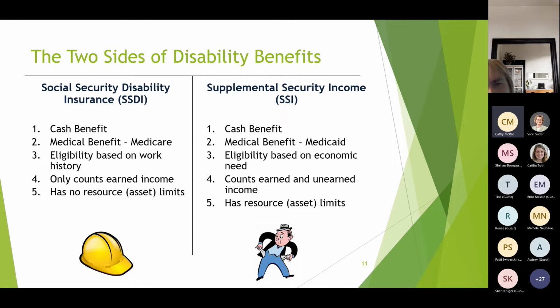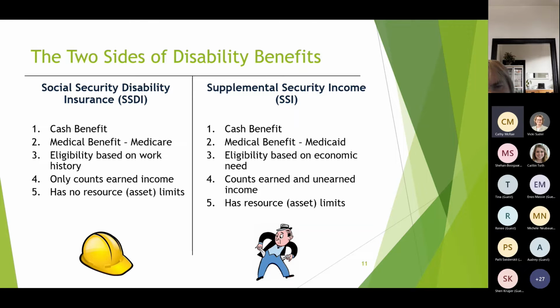So we're going to talk about the two different sides of Social Security disability benefits. Social Security disability insurance, also known as SSDI, and supplemental security income, also known as SSI. Social Security disability insurance provides a cash benefit. It provides a medical benefit, and that medical benefit is Medicare.